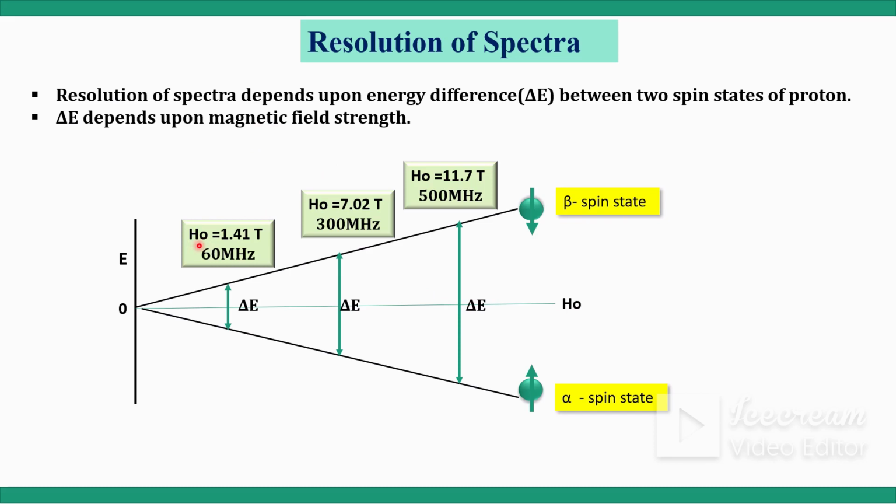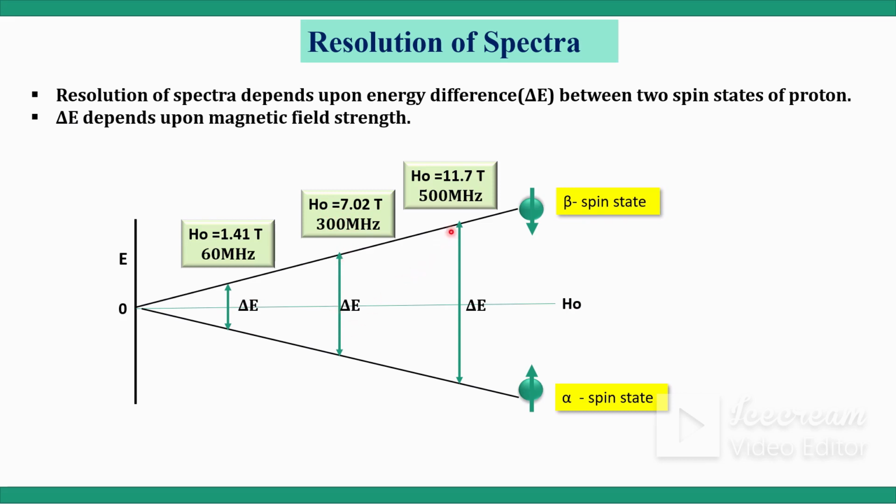When applied magnetic field strength is 1.41 Tesla, the instrumental frequency is 60 MHz, and the energy difference is less. At that time, the low resolved spectra is obtained. At higher magnetic field strength and the instrumental frequency 300 MHz, the more resolved spectra is obtained.